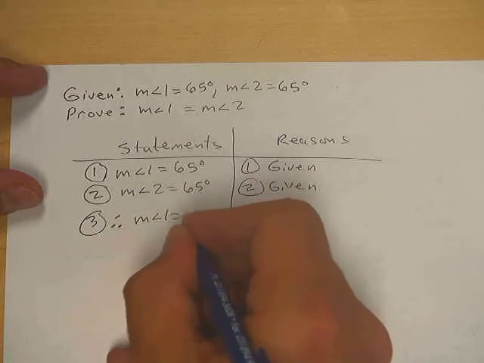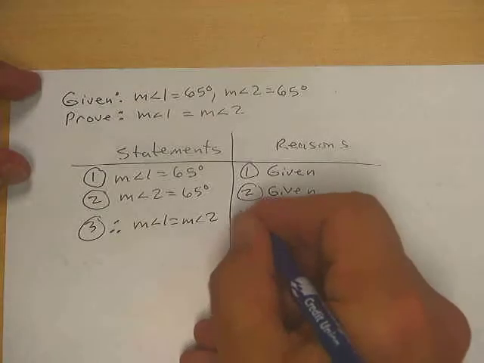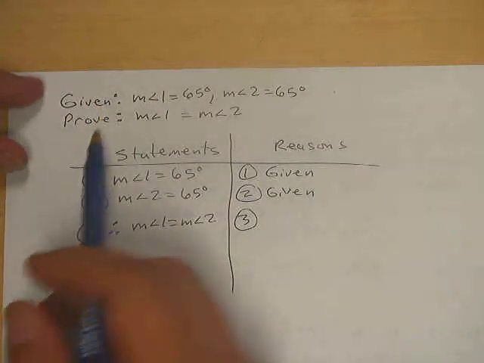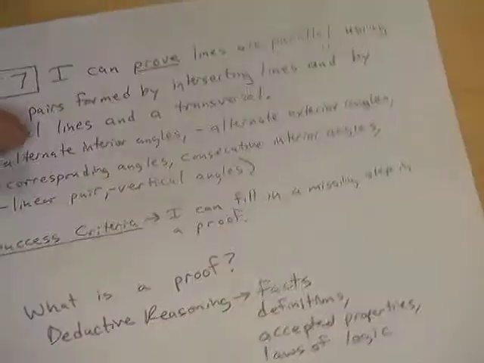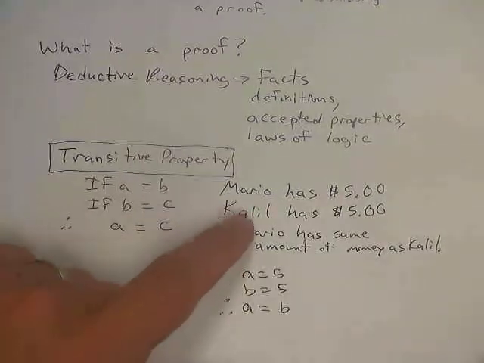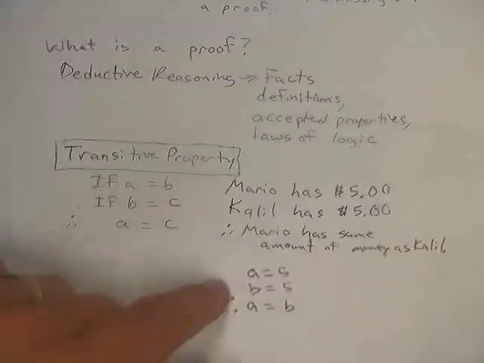And this is a very short proof. So step 3, therefore, the measure of angle 1 equals the measure of angle 2. Now, we need a reason for that. And the reason can't be proved. That is not a reason. Okay? So we look over here, and we were talking about the transitive property, right?